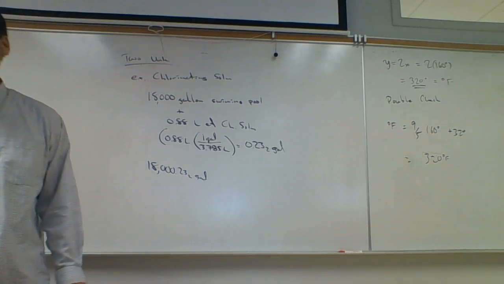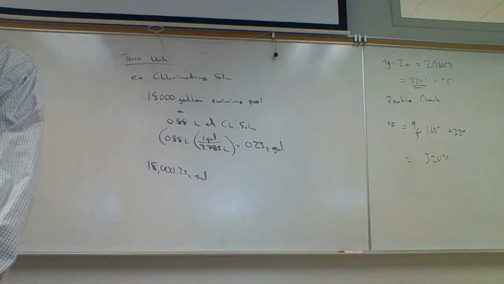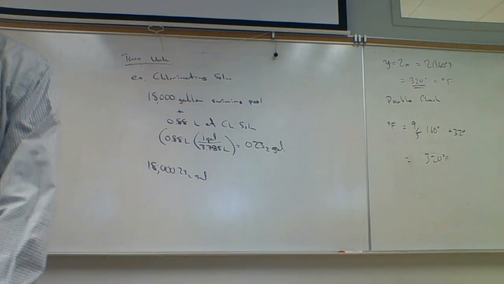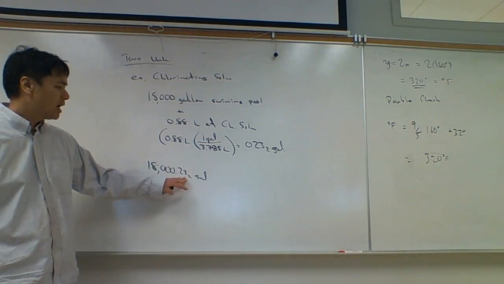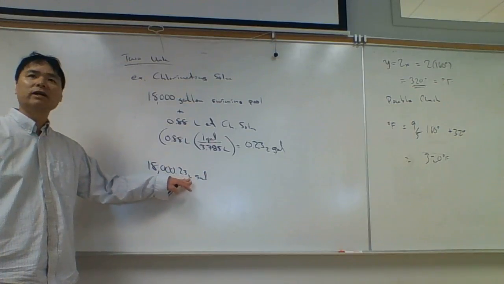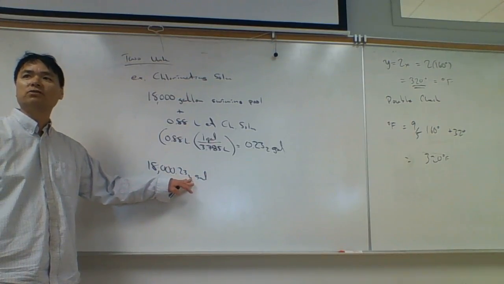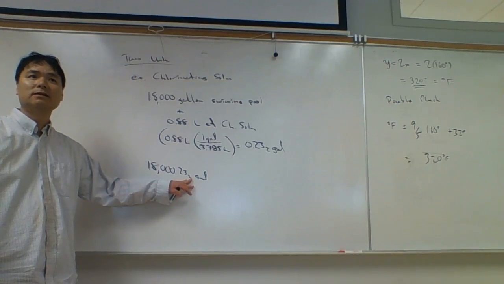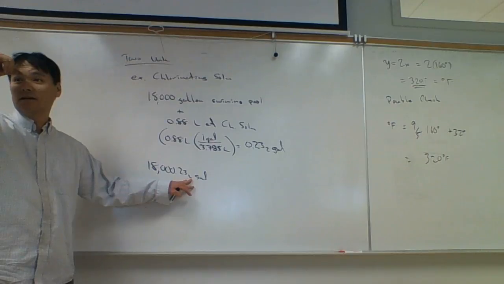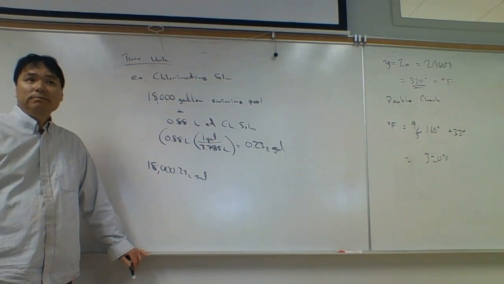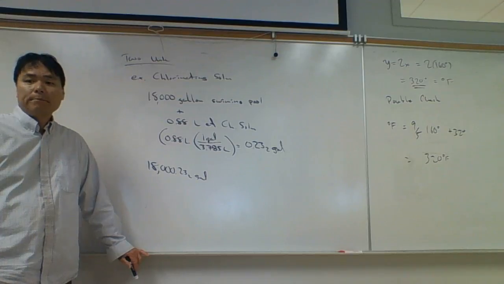And so that means our concentration of chlorine is going to be a little bit less than 1 ppm. We should add a little bit more, not only to chlorinate the 18,000, but to leave the 0.232 gallons worth of chlorinating solution at 1 ppm. Does that make sense? Kinda? Okay.